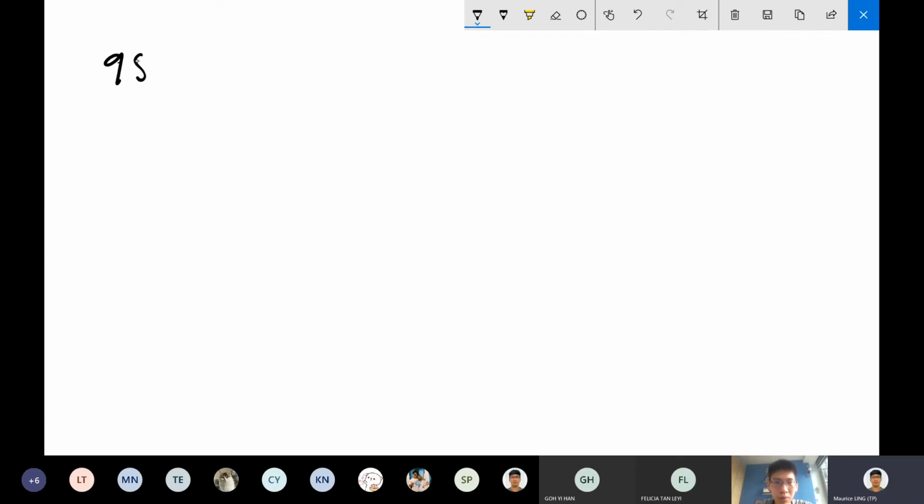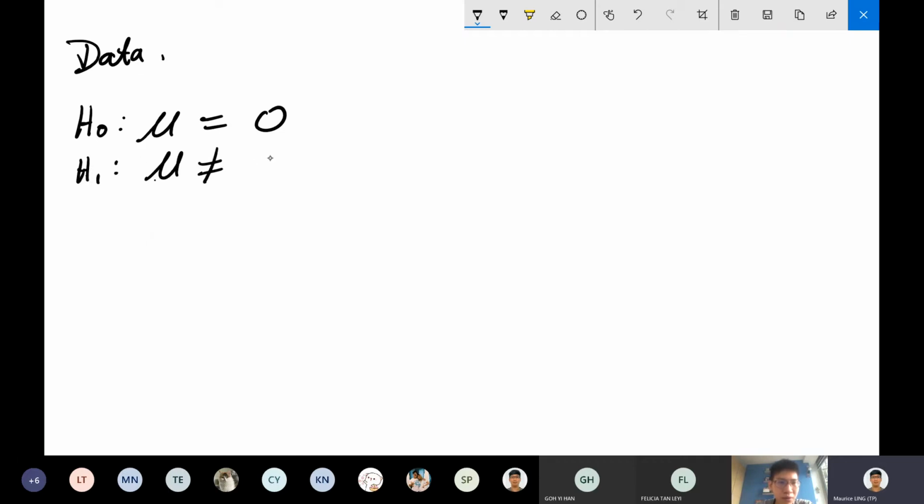Let's say you have some data, and your hypothesis is that the mean is equal to 0. The alternate hypothesis is that the mean is not equal to 0.